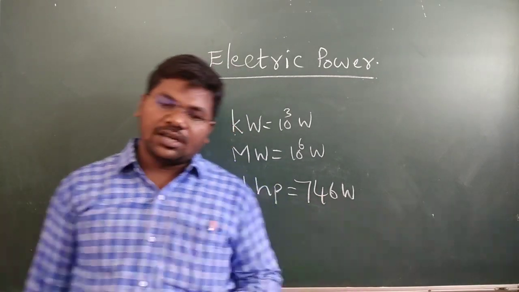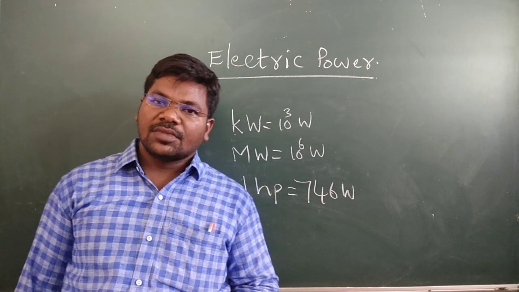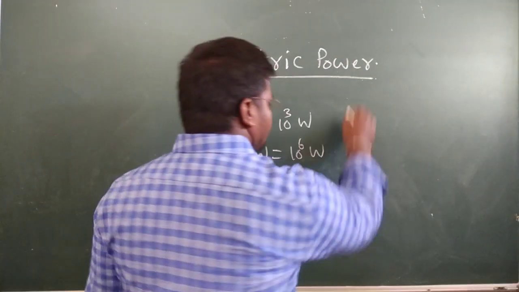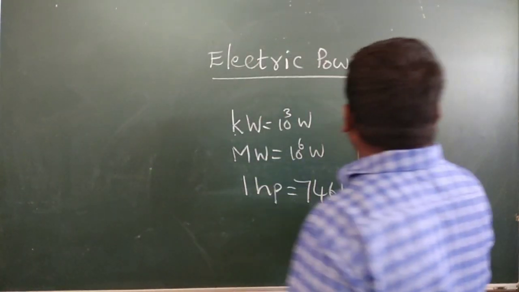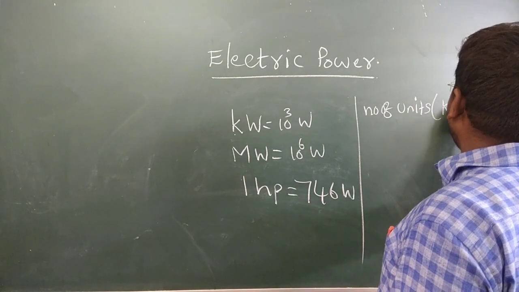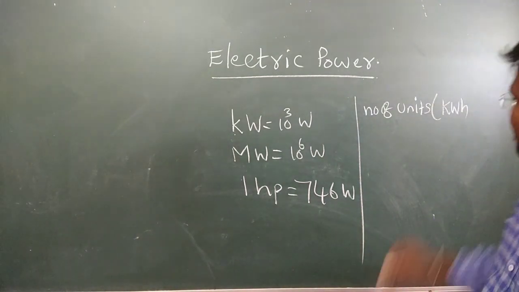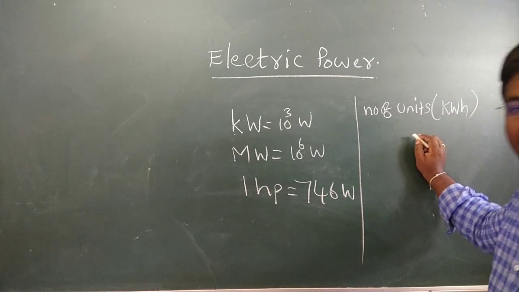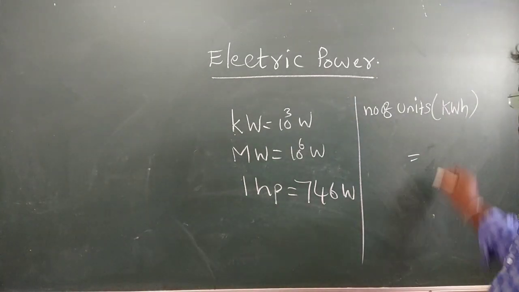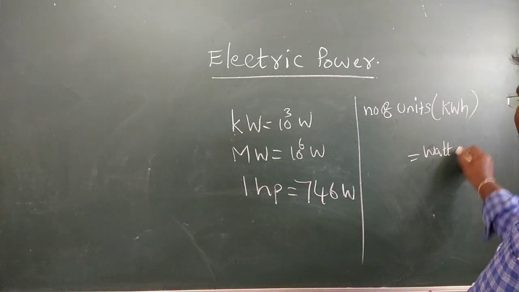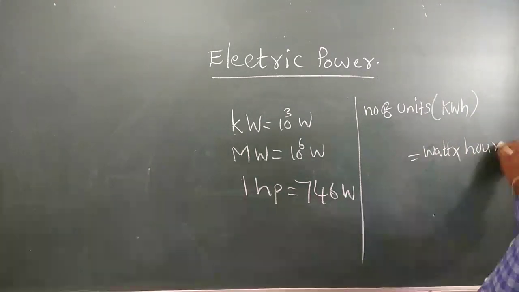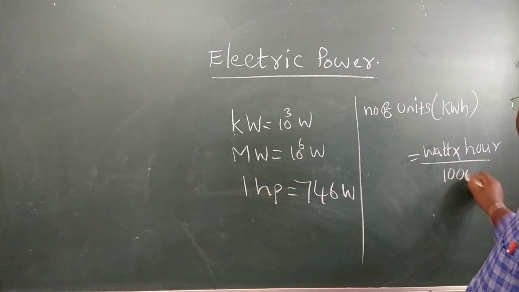Consider an electrical appliance. How much energy is consumed? How many units are consumed? For that we have one formula: the number of units, that is kilowatt hour, consumed by an electrical appliance is equal to watt, means power, into hour, divided by 1000.